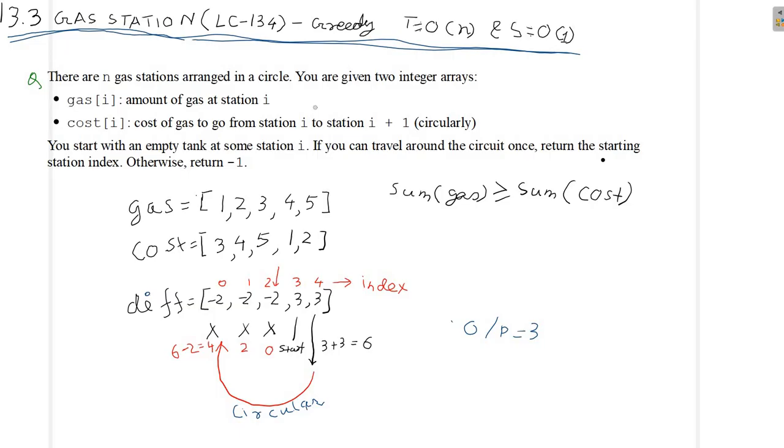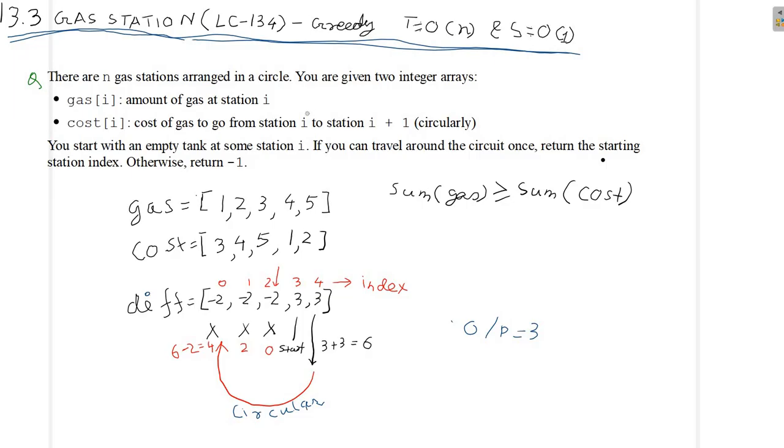Now you start with an empty tank at station i, and you can travel around the circuit once, returning the start station index. Otherwise we have to return -1.